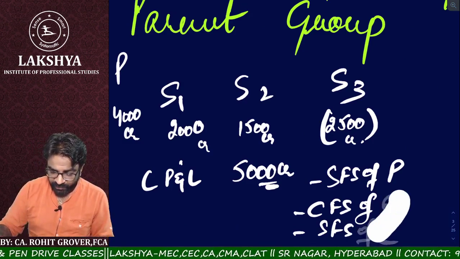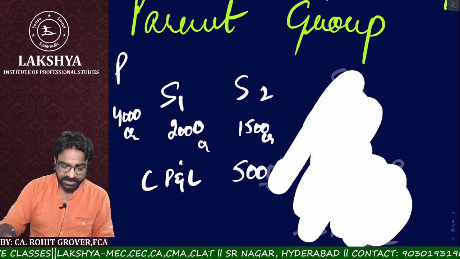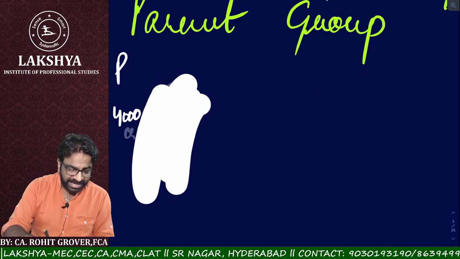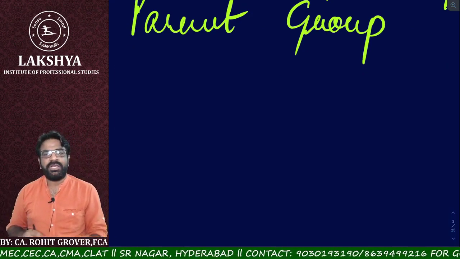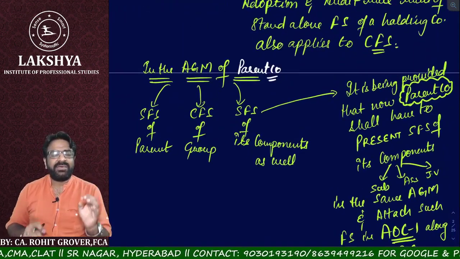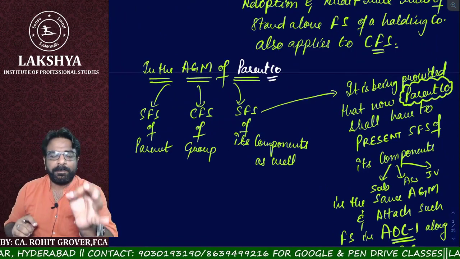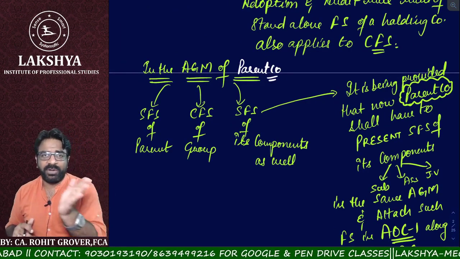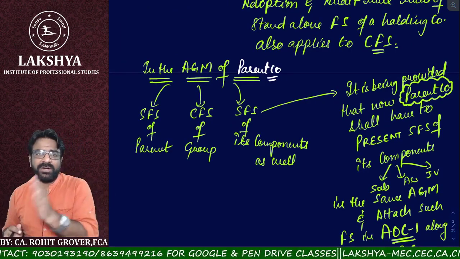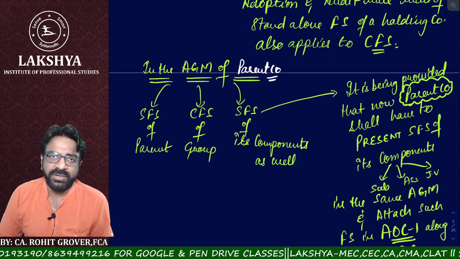I hope every one of you understood, so that the person sitting in the AGM of the parent company has a better idea whether a particular subsidiary, joint venture or associate is profit making or loss making.